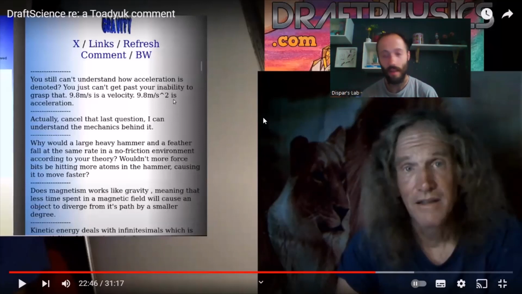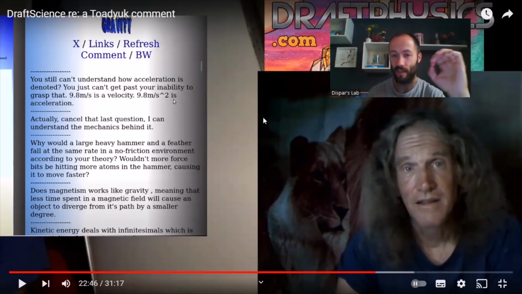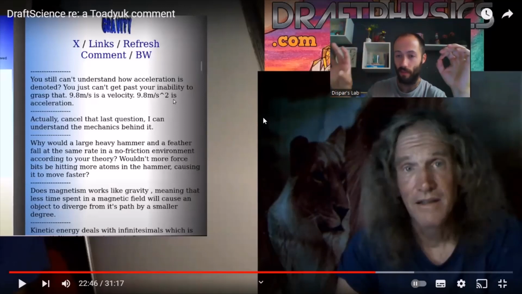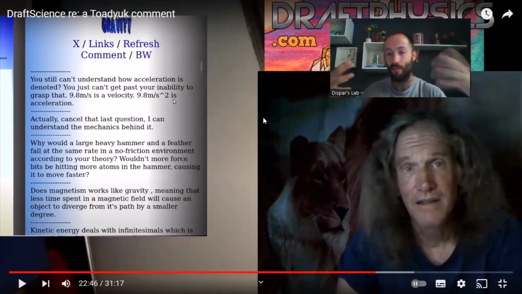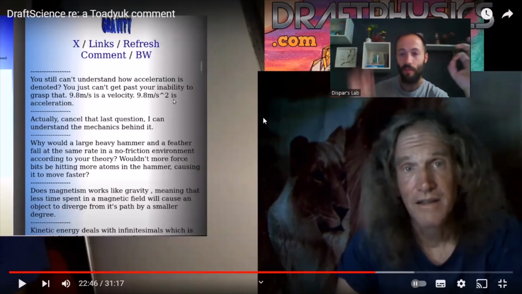However, if you mean that your initial velocity is 0 meters per second, and eventually you're going to accelerate towards a velocity of 9.8 meters per second, you're going to have to tell me how long it took me to go from 0 to 9.8 meters per second.